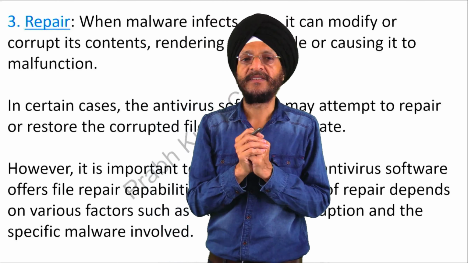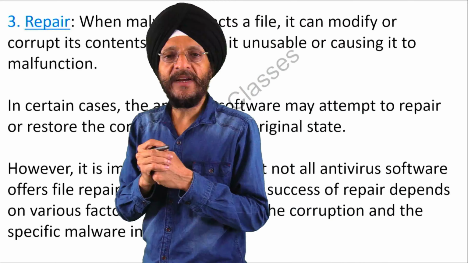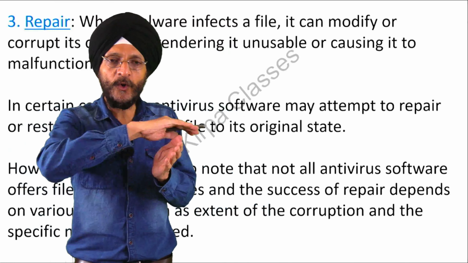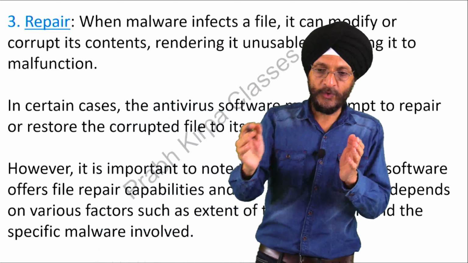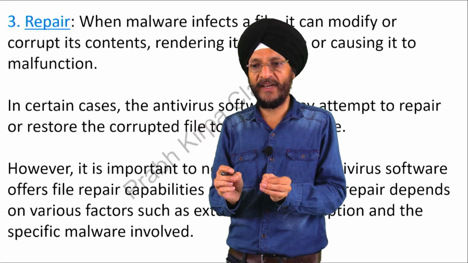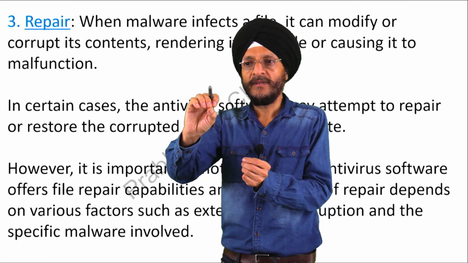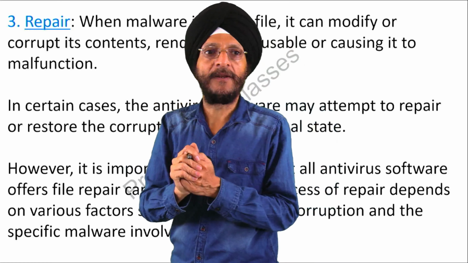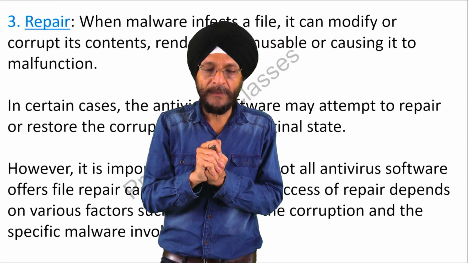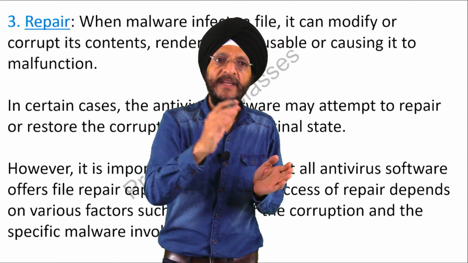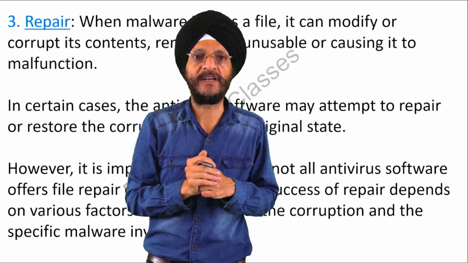In certain cases, the antivirus software may attempt to repair or restore the corrupted file to its original state, because the malware has hit the file and corrupted its content. In some cases the antivirus software may repair the file or restore the file to its original state.